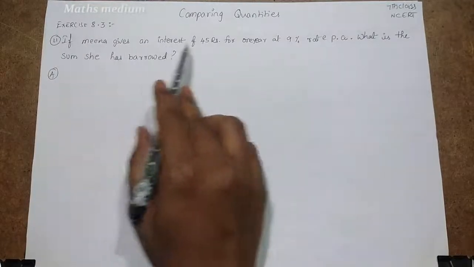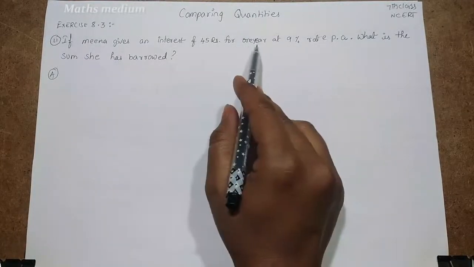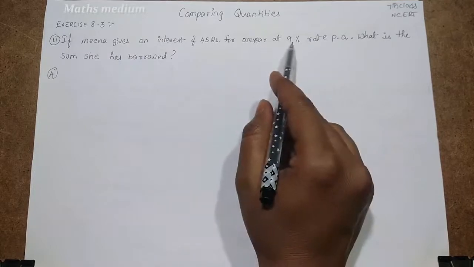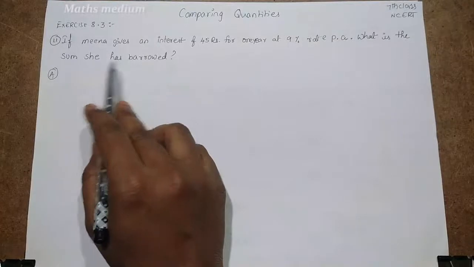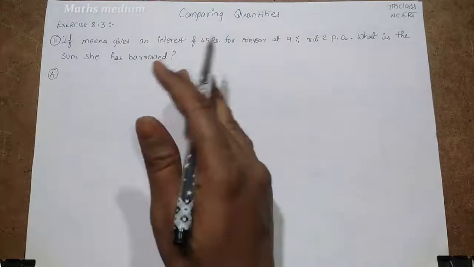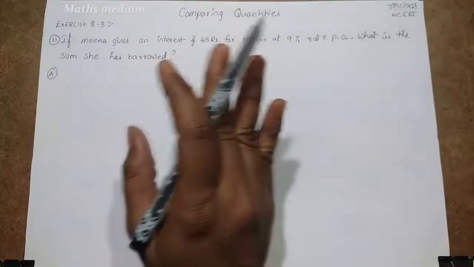Meena gives interest 45 rupees for a time of 1 year, and R is equal to 9% per annum. We have to find what she has borrowed. It means we have to find the principal only, not the amount.